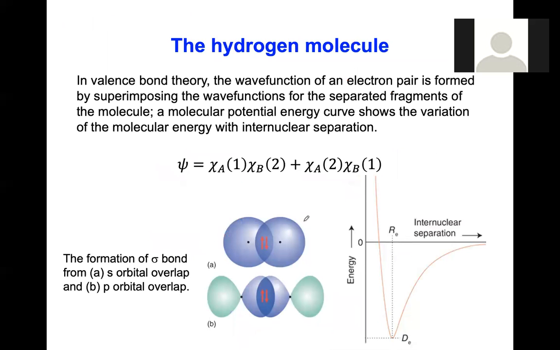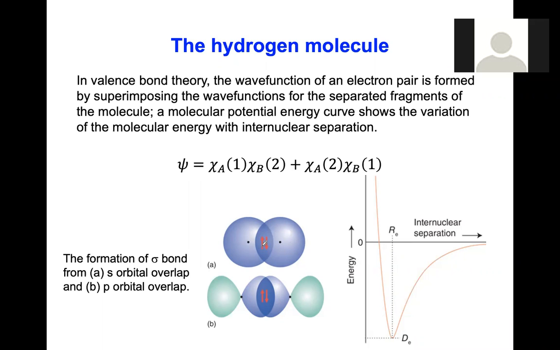So let's look at the hydrogen molecule. The basic idea is that when you bring two hydrogen atoms together, each has an s-shaped atomic orbital, so they will overlap. In the overlapping region, there is a higher electron density.